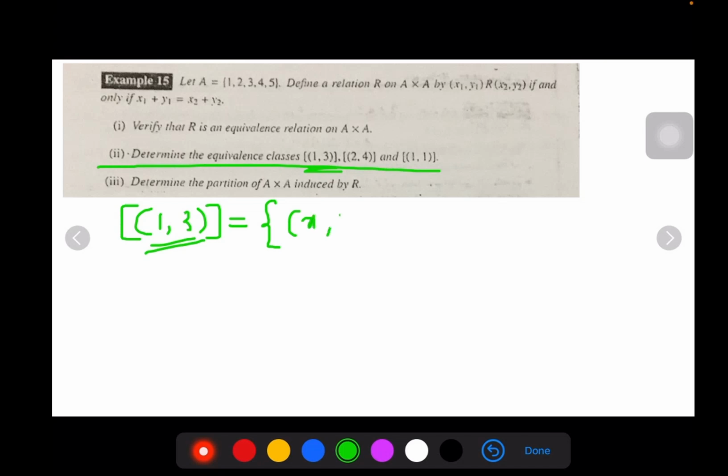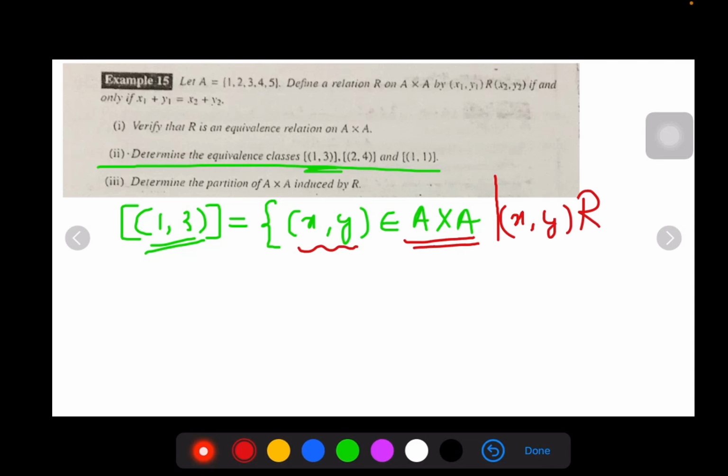Therefore, ordered pair value in general xy such that it is taken from A cross A, any element from the given set, such that if that element is related to this element, then it comes under its class as per the definition of equivalence class. So we write like this as per the definition.